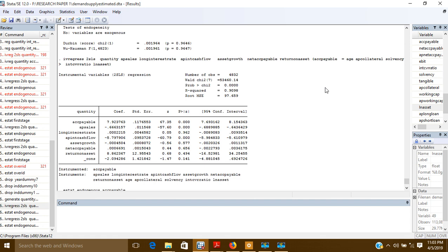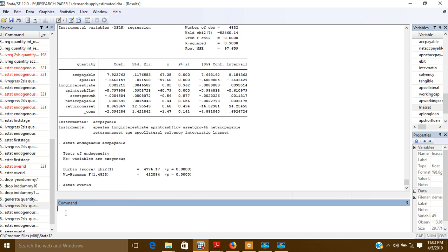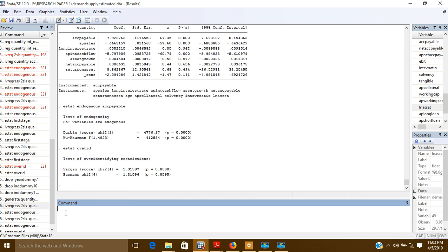To test for this, we will write here estat overid, and now this will tell us the test for overidentifying restrictions.